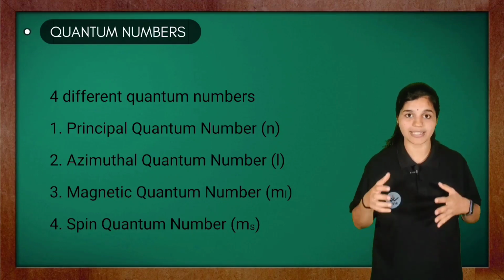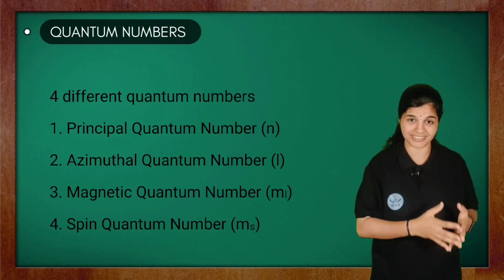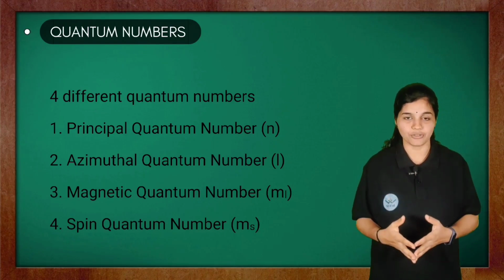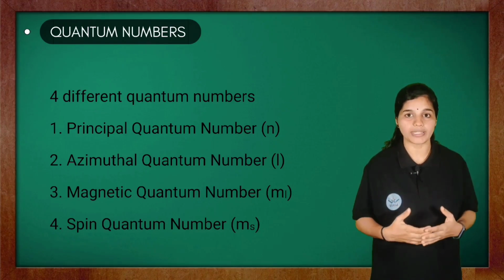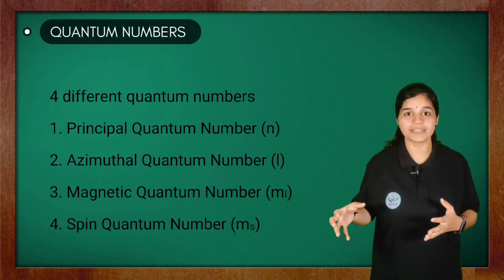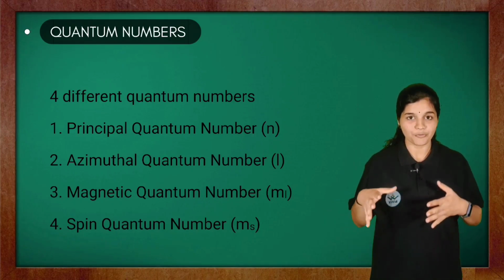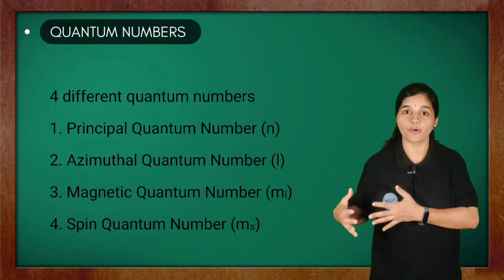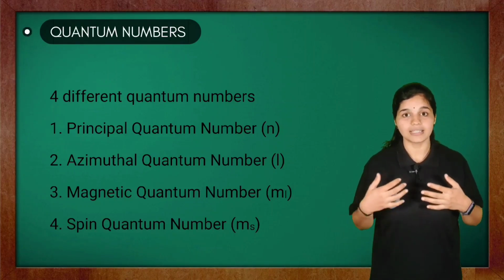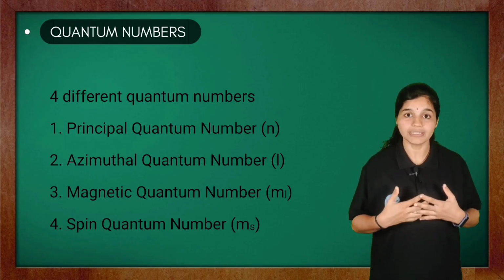Azimuthal quantum numbers can be taken similar to districts. For an electron, it represents subshells, and the magnetic quantum number represents orbitals of the electron, which can be compared to the taluks or colonies when we consider the address of our living.